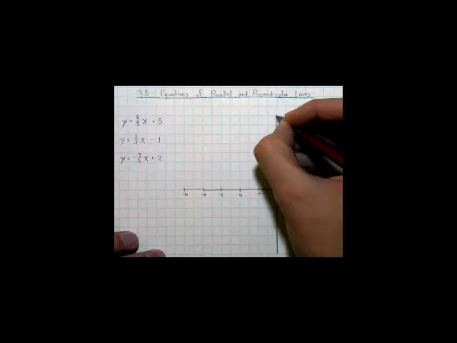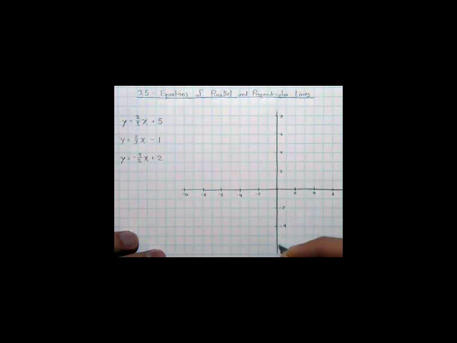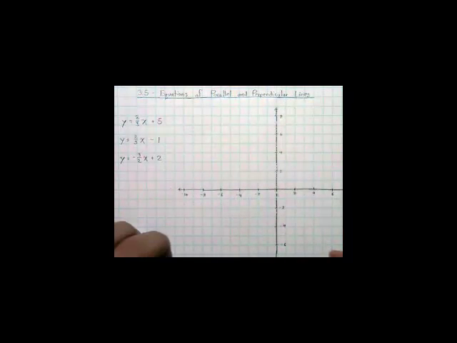I think I'm just going to make it up to 8 this direction then. But this should still be plenty of room for what we need to do. All right, so like I said, little review of graphing some lines.